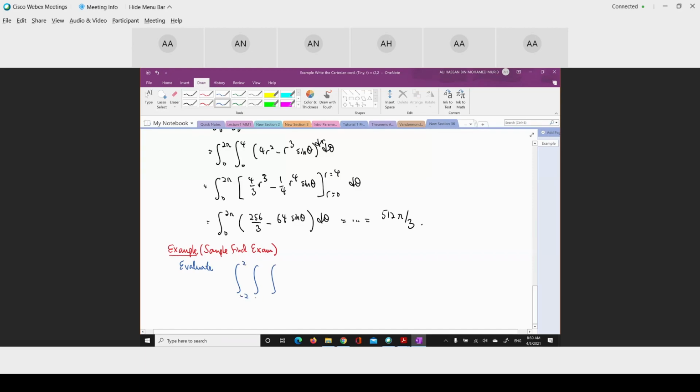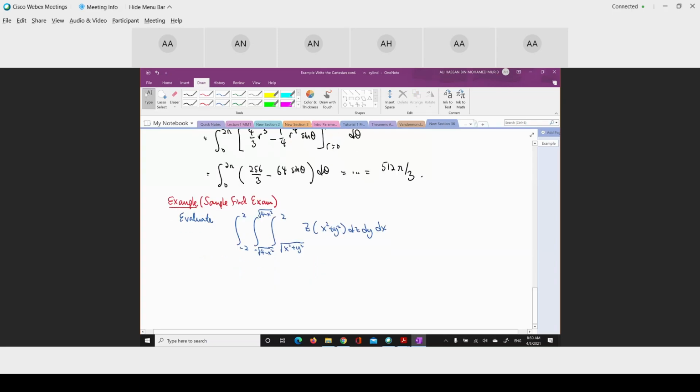The middle integral has lower limit minus square root of 4 minus x squared, and upper limit square root of 4 minus x squared. The innermost integral has lower limit square root of x squared plus y squared, and the upper limit is equal to 2. The integrand is x squared plus y squared, and the order given is dz dy dx.